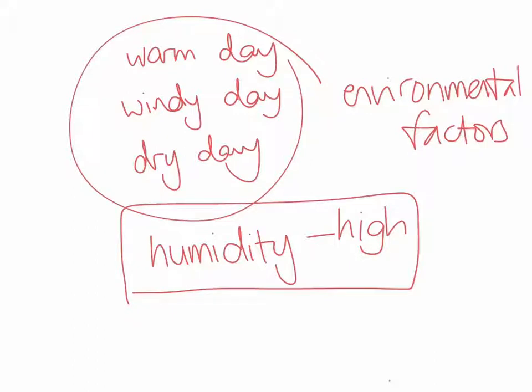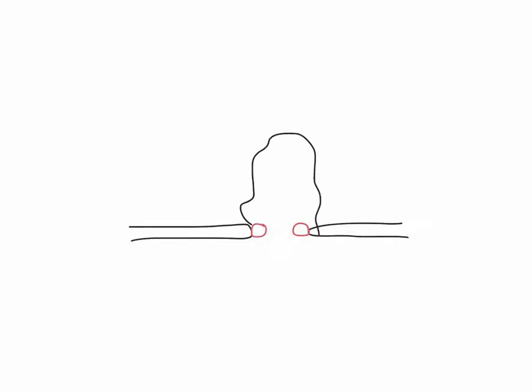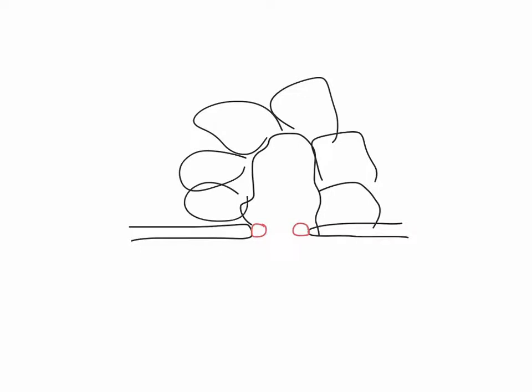The higher the humidity, the slower transpiration will be. And that's because a very humid day would already have a lot of those spongy mesophyll cells. So if we just think of the lower epidermis, and we'll put a guard cell here and here. And we've got all our spongy mesophyll cells up and around here.